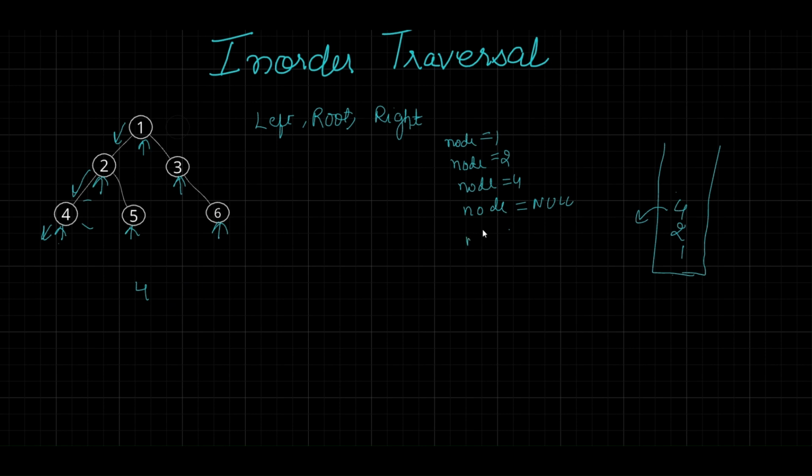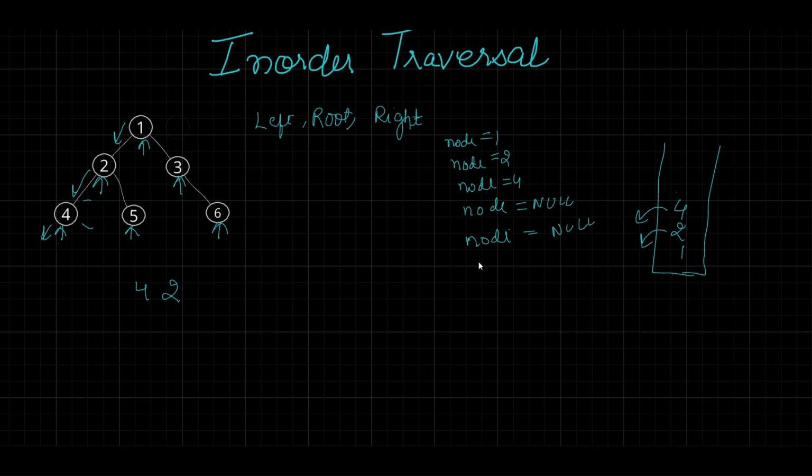Now if you go towards the right side of node 4, it will again be null. So same thing, whenever it is null, we take the top element from the stack and move towards its right side.